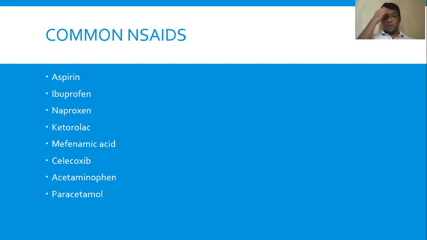So if you're having headaches, one thing that you can do is to mix either paracetamol or acetaminophen together with coffee. Brewed coffee is best because it has higher content of caffeine. And caffeine will help increase the absorption of these drugs, the NSAIDs.